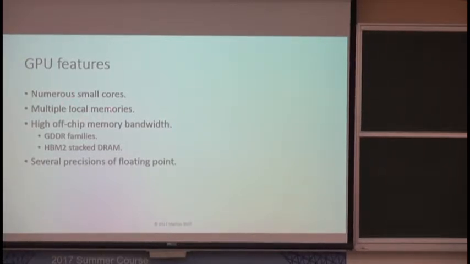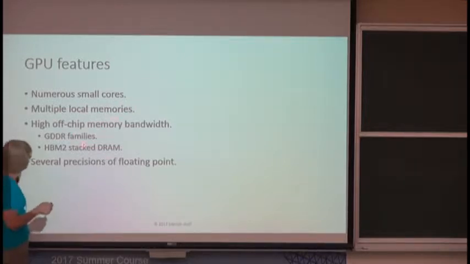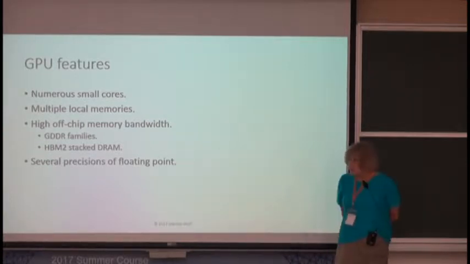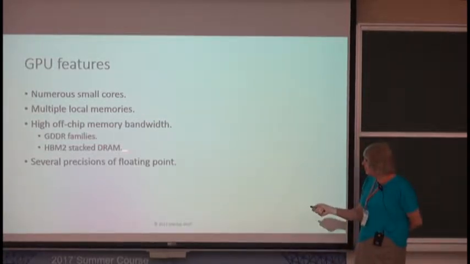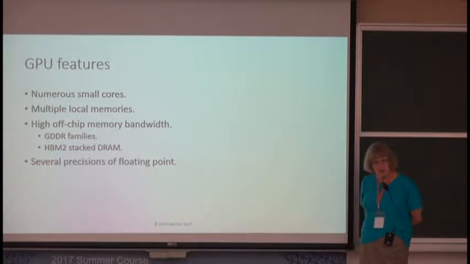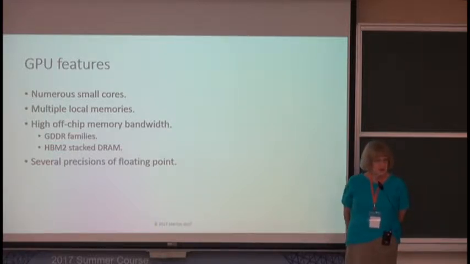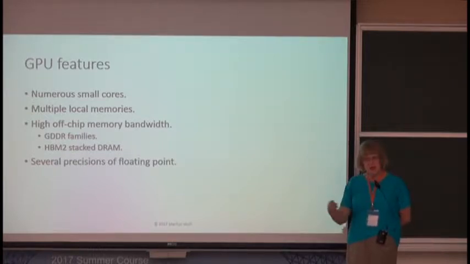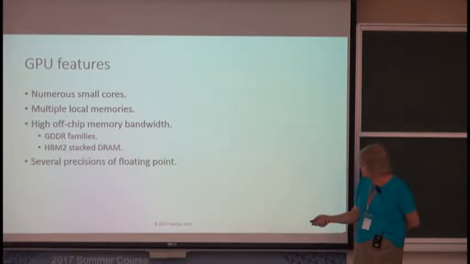In addition to on-chip memories, you've also got access to off-chip memory. Traditionally, they use graphics DRAMs, but we've also seen recently the introduction of these stacked DRAM memories that provide high bandwidth and relatively low power consumption. The GPUs we'll see also allow you to access part of the CPU memory, the host memory.